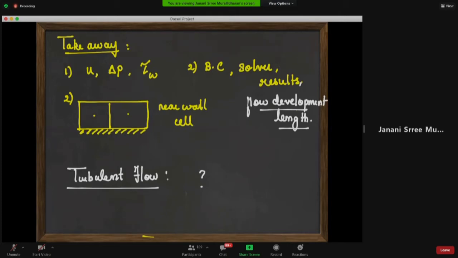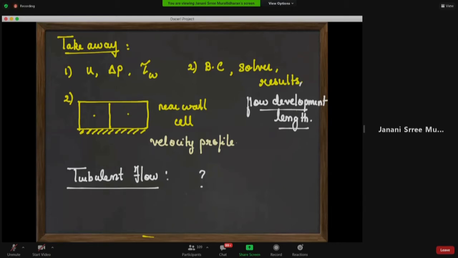Because I think what is important for us to understand is that this near wall cell becomes a very, very crucial role player in understanding how this velocity profile changes. Okay. Now, this is very important in the case of turbulent flow.